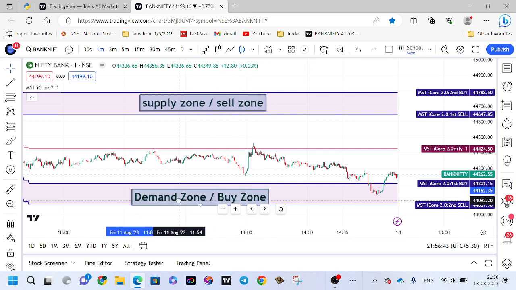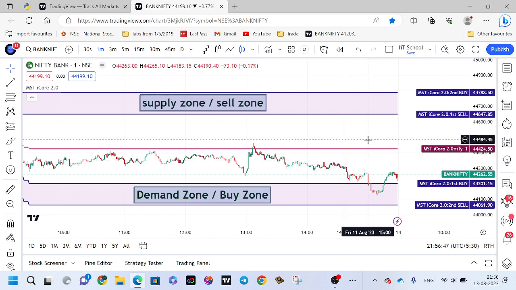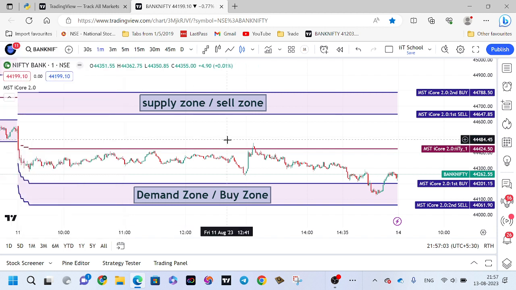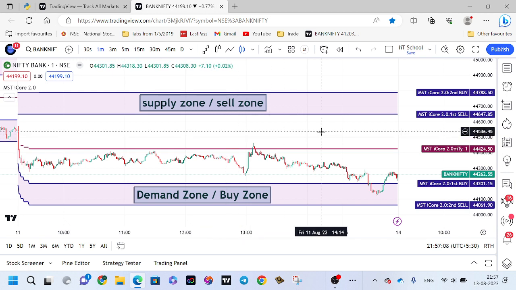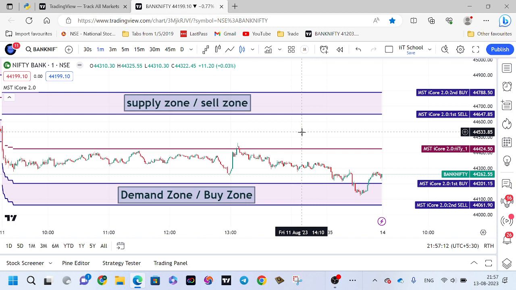Our indicator works purely based on support and resistance, but these support and resistance levels are not available in any other system. Somebody may say it looks like Camarilla, somebody may say it looks like Gann levels, but it is not so. It is exactly opposite to all those, because we have used many machine learning, artificial intelligence and deep learning concepts in this system.